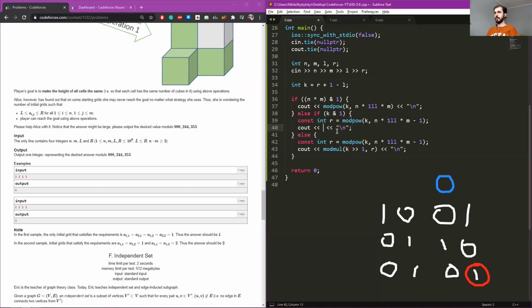Continue solving problems. But here, if we have like 5 ways to fill the last place, 3 of them are good, 2 of them are bad.